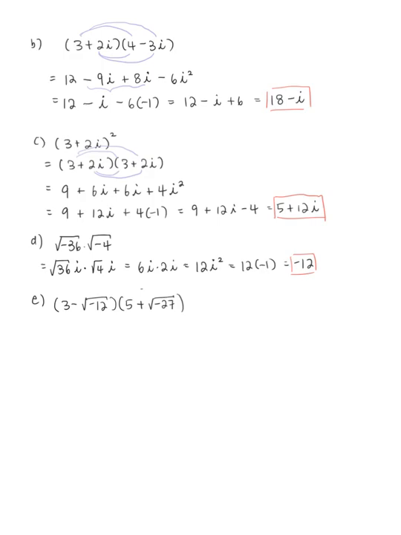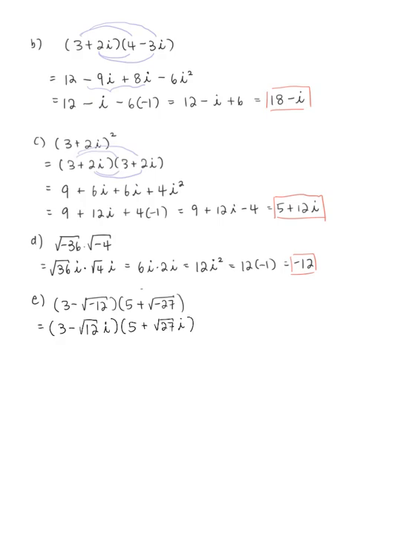So let's first rewrite this as 3 minus, okay, next we're going to simplify square root of negative 12. So here you're going to have square root of 12 times the i. Alright, and the next complex number is going to be 5 plus square root of 27 times the i.